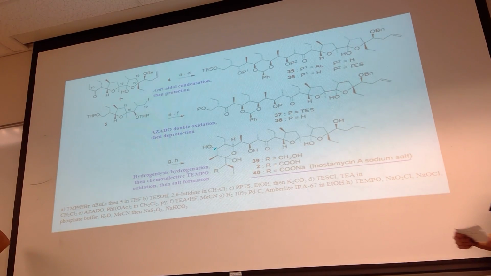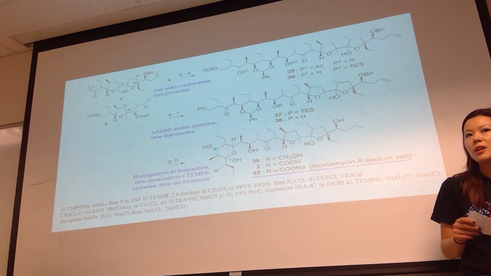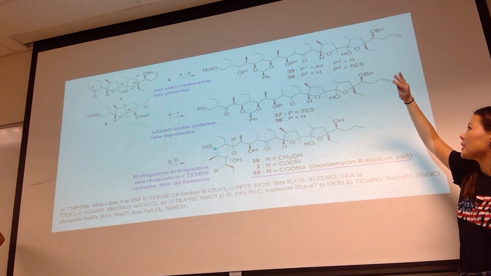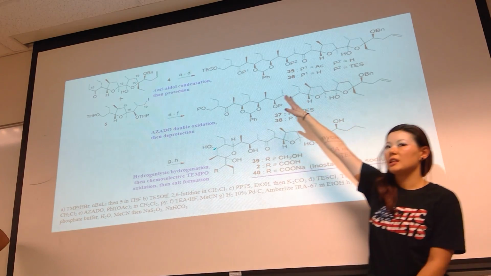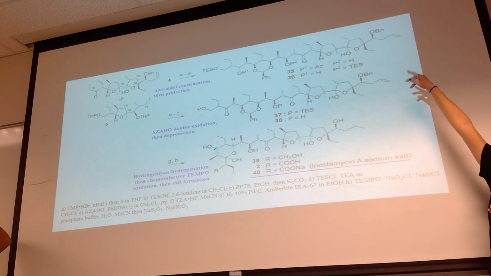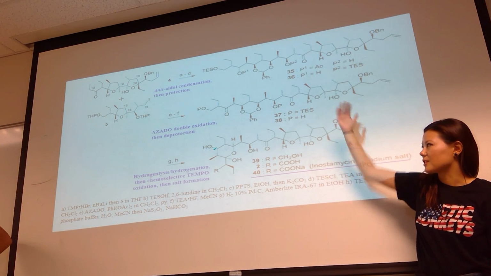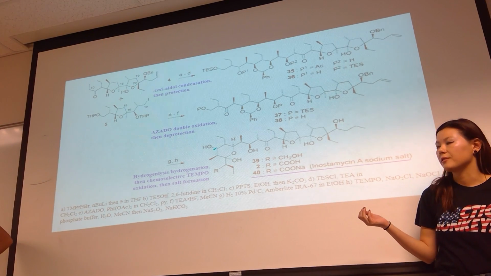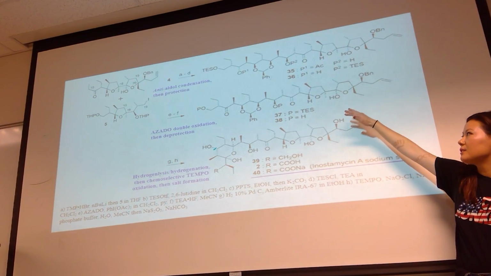So 4 and 5 went through an anti-aldol condensation to get 35 with a protection of the TES, which is the difference between 35 and 36. 36 to 37, there's an azoto double oxidation and then a deprotection of the TES.